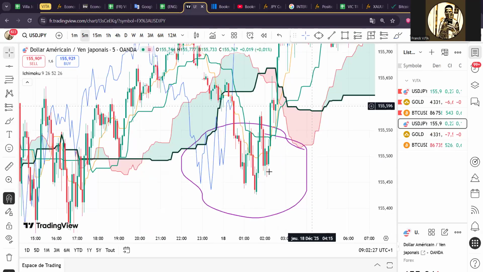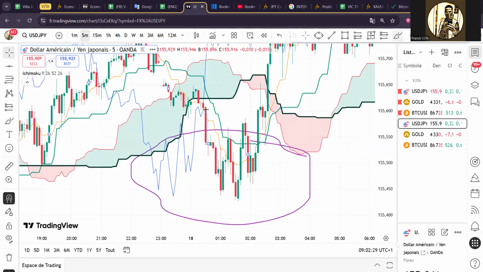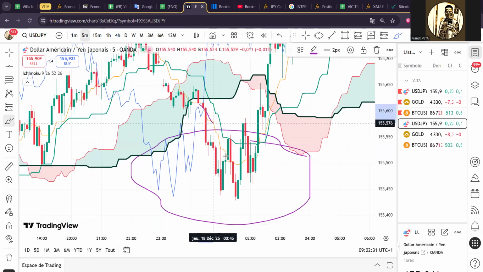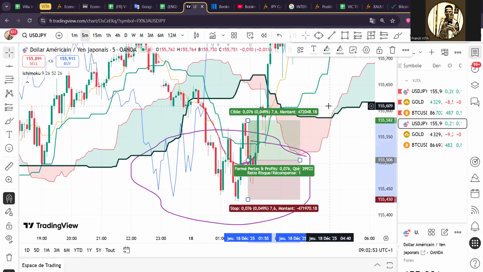You will see that in 5 minutes, Tenkan was going down, but inside the setup, inside this purple cycle, Tenkan bent itself to the upside. That bending to the upside is the market telling you that now is the moment for you to enter inside the setup.